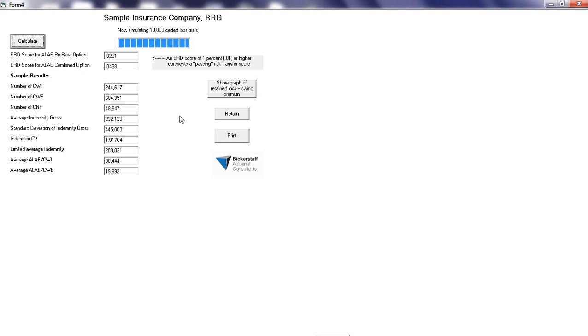Without going on back and redoing this, I can tell you that if we went back and doubled the volume one more time to 20 million, this ERD score would be right on the bubble of 1%, either just below or just above that so-called passing score. So the point is that the volume of the entity has a great deal of influence in how you can assess the level of risk transfer in a particular set of terms.